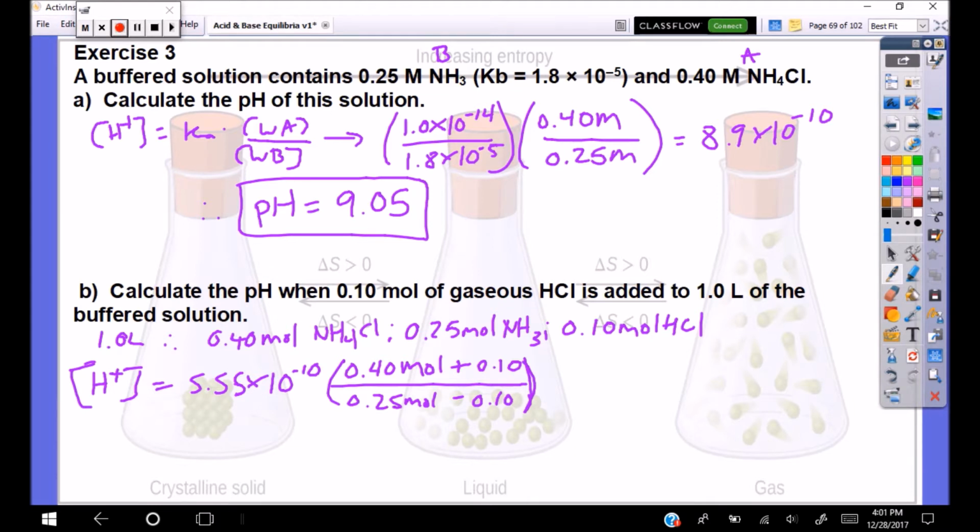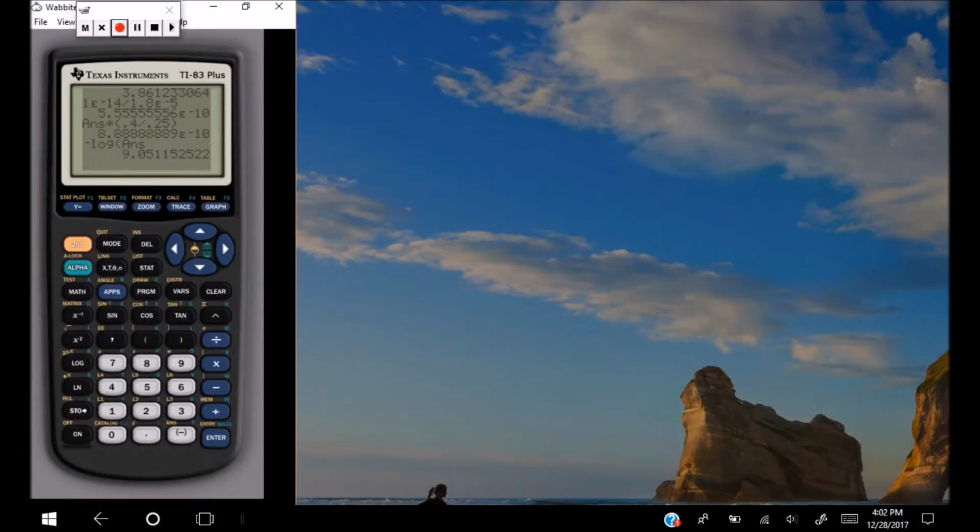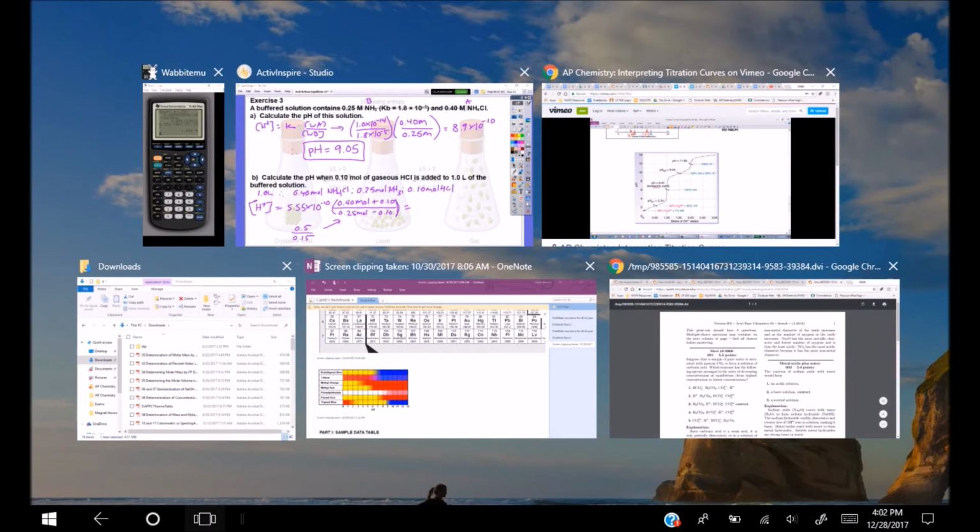So this means I've got 0.5 and 0.15, right? So this is 0.5 over 0.15 times 5.5 times 10 to the negative 10th. I'm going to get a value of, so 5.55 e negative 10 times 0.5 divided by 0.15, 1.85 times 10 to the negative 9th.